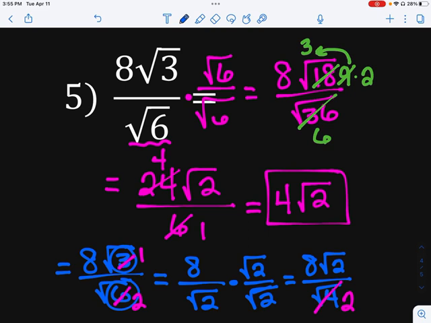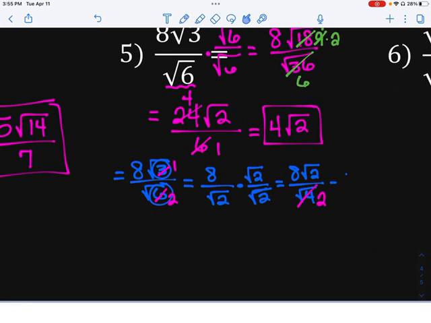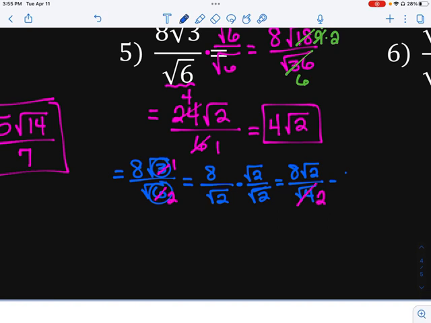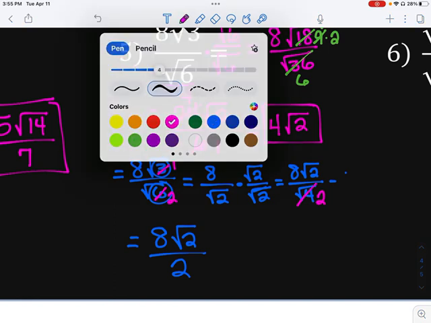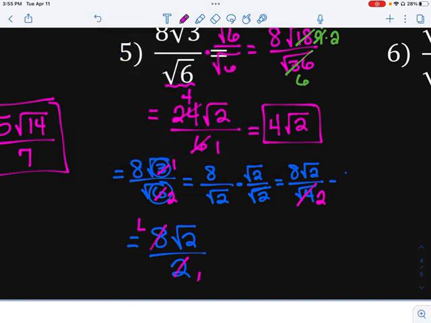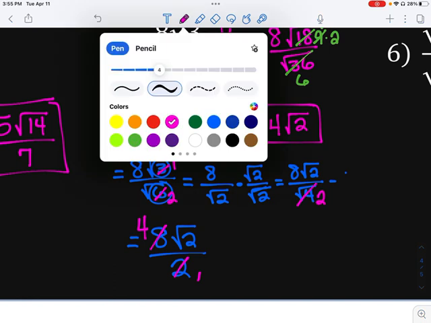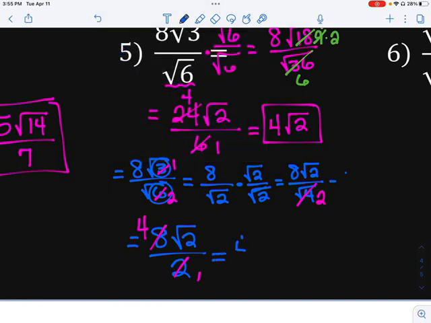So now I'm at 8 square root of 2 over a 2. Well, that can simplify. The 2 goes into 8 4 times. And you'll notice my final answer is 4 square root of 2.